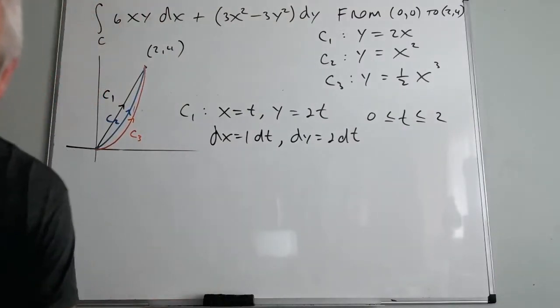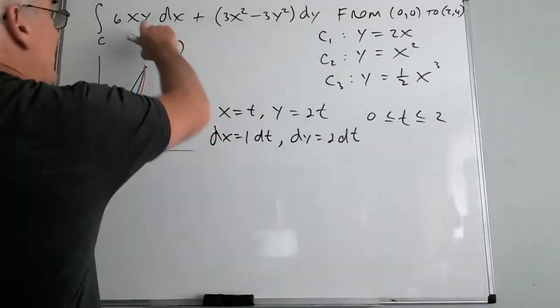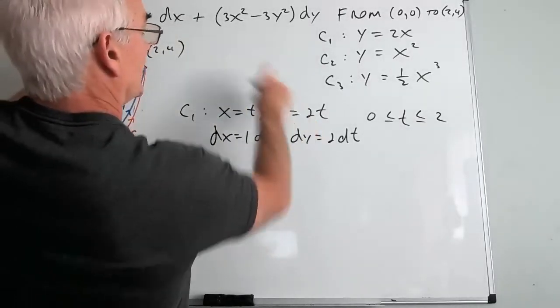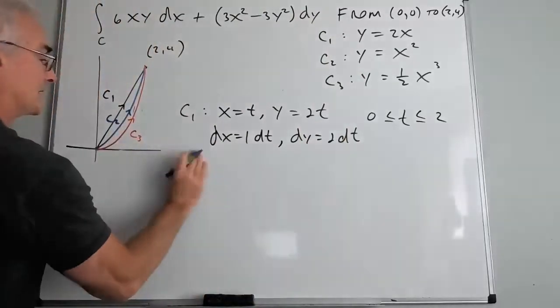So if I do this correctly, now when I go back to here, I'm going to replace x with t, and I'm going to replace y with 2t in both statements. And that's huge.